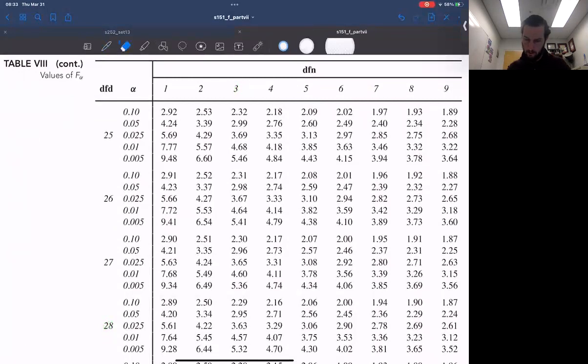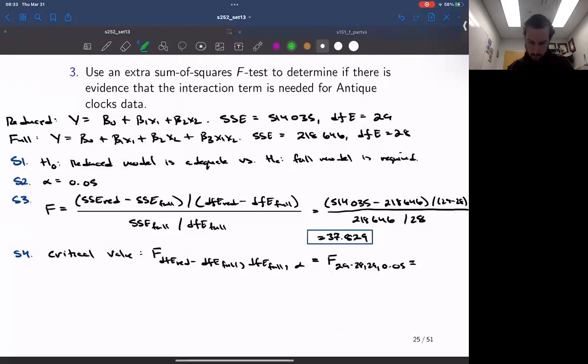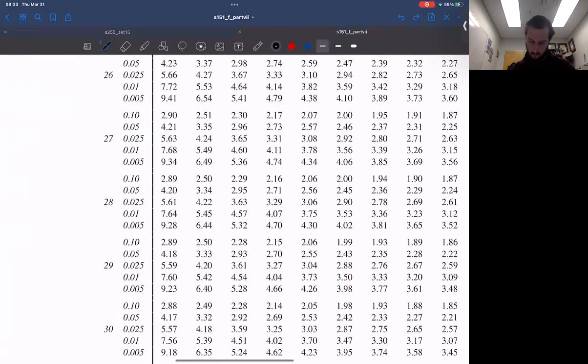So we go down here now. 129. No, 128. Yeah, 128. SSE full. 128, 0.05, 4.20.